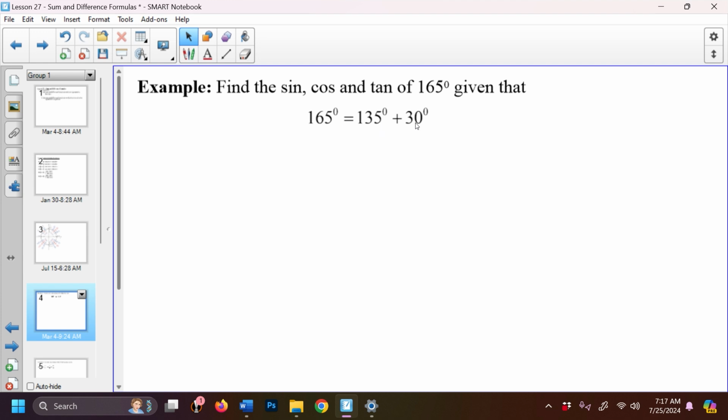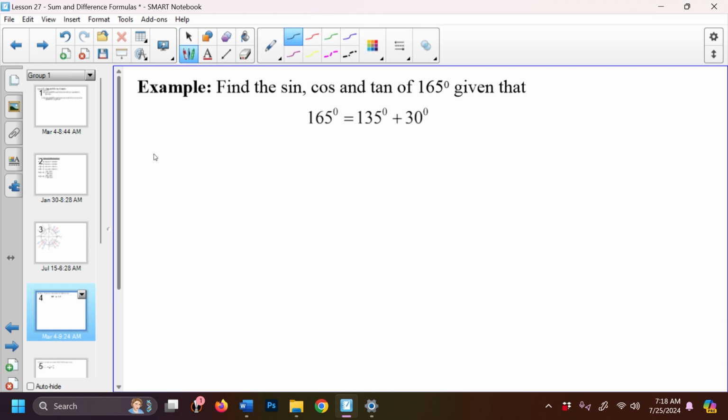Now, as I said in the opening intro, the whole purpose of the sum and difference formulas when they were first invented was to expand the number of angles that you could evaluate using the unit circle, especially when there weren't calculators. So even though we have calculators now, this is a good exercise in algebra. We see very clearly that 165 degrees is not on the unit circle, but both 135 degrees and 30 degrees are on the unit circle.